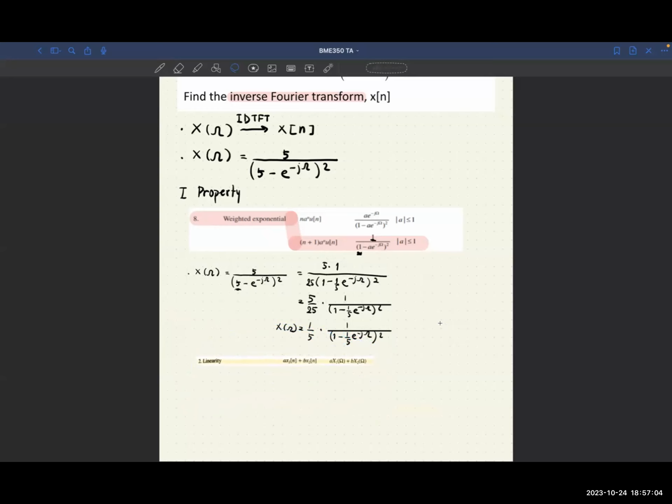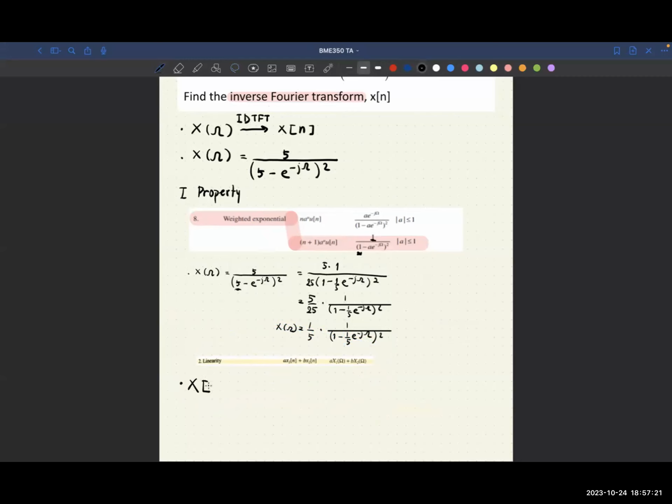Okay, anyone would like to try after we have all the transform pair and property? What will my x[n] be?